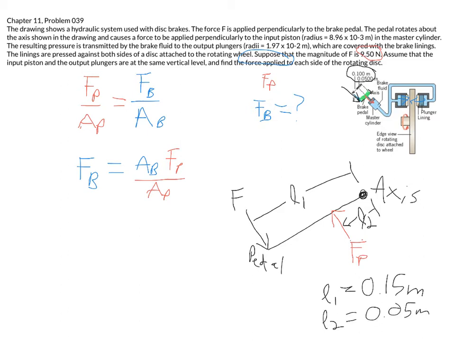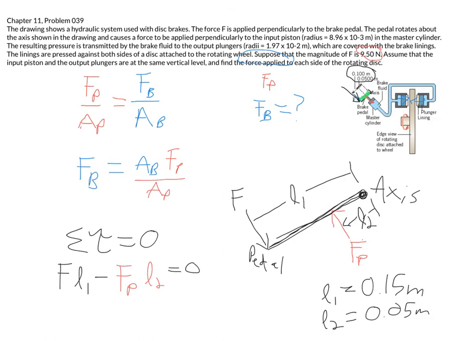This pedal is going to be in torque equilibrium since it's not actually moving. So we can sum the torques for our pedal, which is equal to 0. We have a positive torque from F multiplied by L1, and a negative torque from FP multiplied by L2, and that's equal to 0.